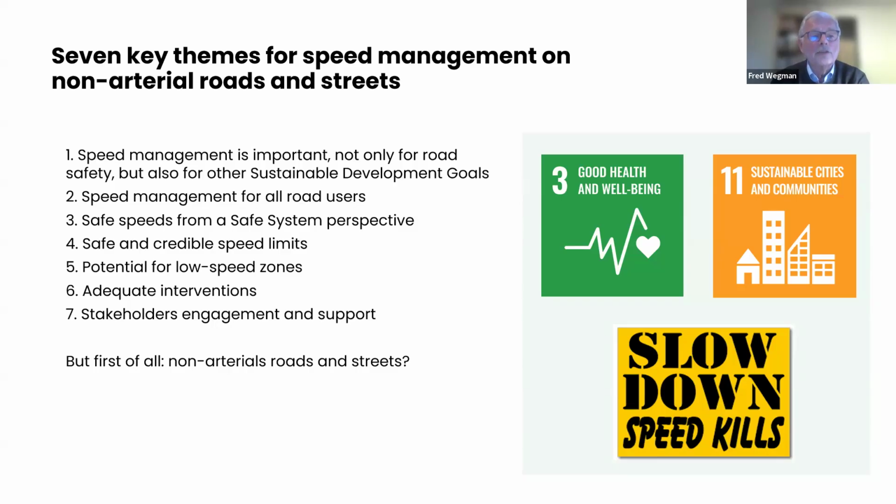I will talk about safe speed limits, but also credible speed limits. What is the potential for low speed zones? What are you talking about if you talk about adequate interventions? And last but not least, we have to include stakeholders in the decision-making process and the design process in order to have their engagement and support for whatever we talk about. But first of all, we have to address the issue. What are we talking about if we say non-arterial roads and streets? Next, please.